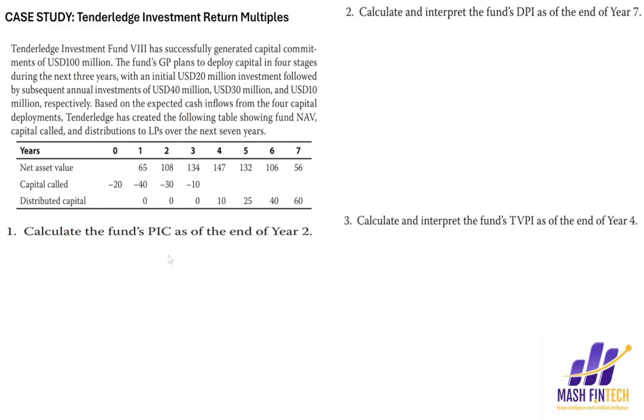The first question is to calculate the fund's paid-in as of the end of year 2. The paid-in capital at the end of year 2 is just the capital invested divided by total capital committed. So the capital invested as of year 2 is going to be these amounts here: 20, 40, and 30.